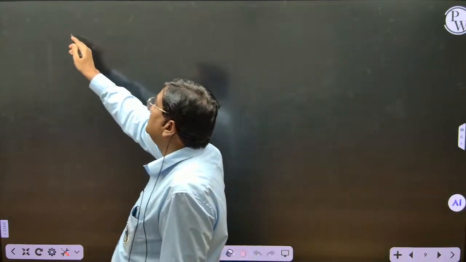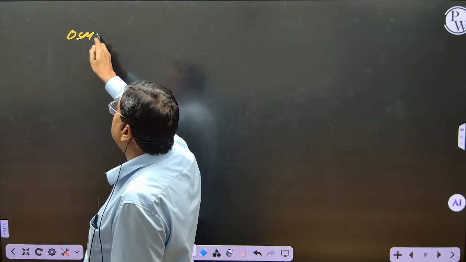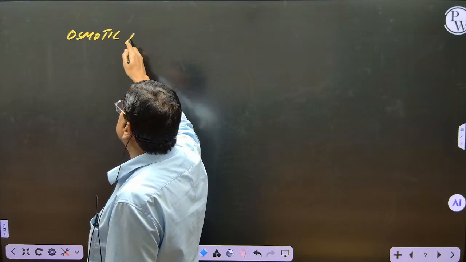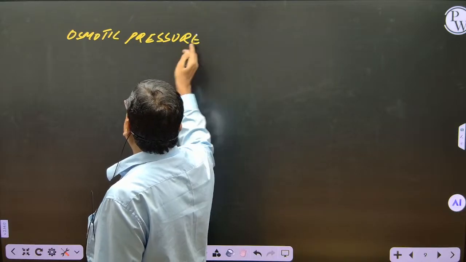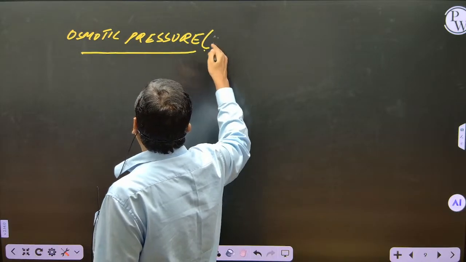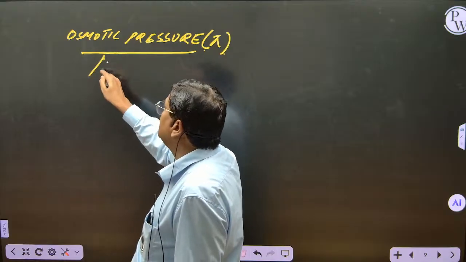What is the other name for osmotic pressure, students? Hydrostatic pressure, no? This is shown with the symbol of what? Pi, or hydrostatic pressure we say.